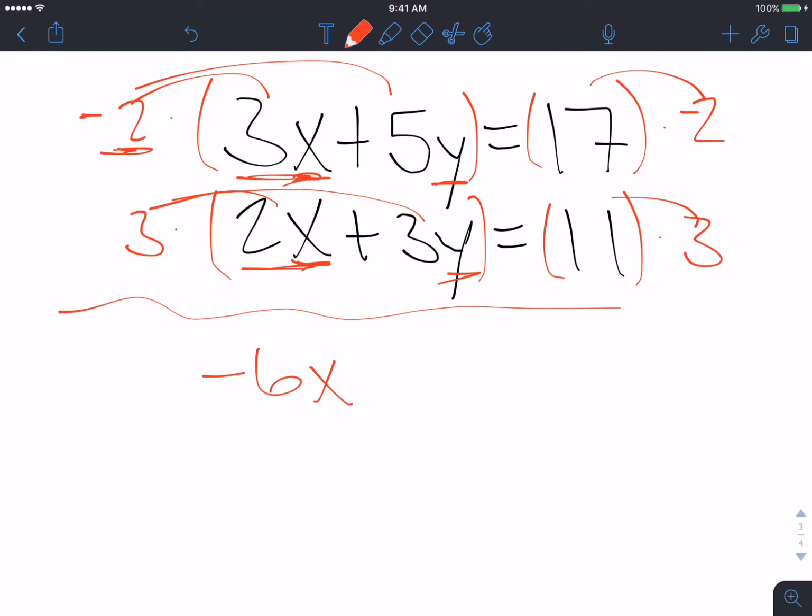Negative 2 times 5, negative 10y equals negative 2 times 17 is negative 34.